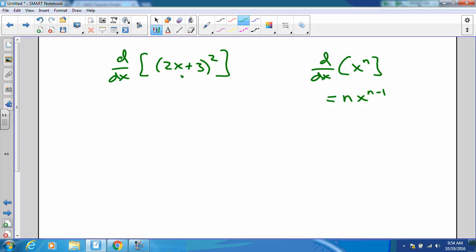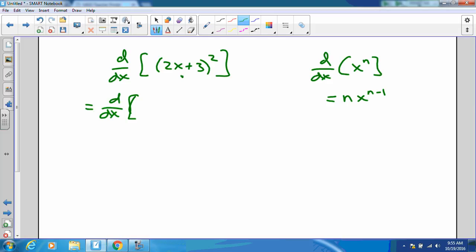This is not x, it is 2x plus 3. We're not sure yet how that's going to affect things. We're going to have a way of dealing with that called the chain rule, next week. But for now, I cannot use the power rule on this because this is not literally x. What can I do?